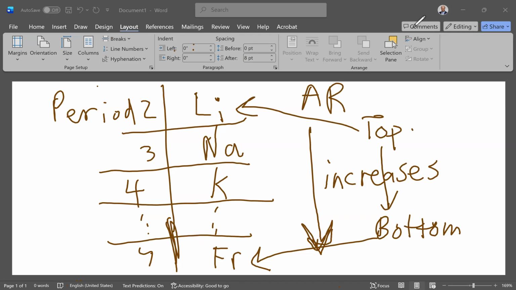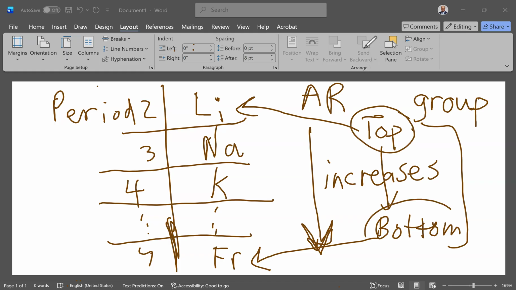So the atomic radius, when you go from the top to the bottom here, this is called a group. So within the group, from top to the bottom, the atomic radius increases. Now, if we look at the other side, the period, from left to right, so this is top to the bottom, we call it group.